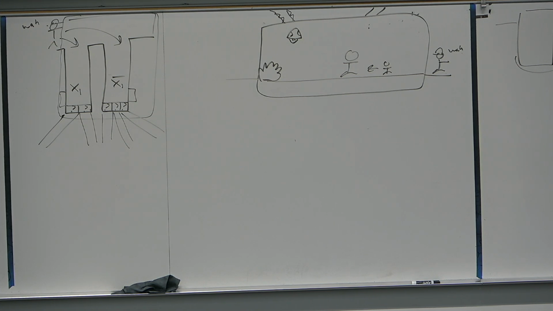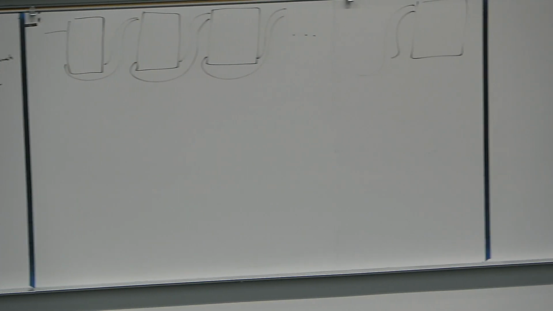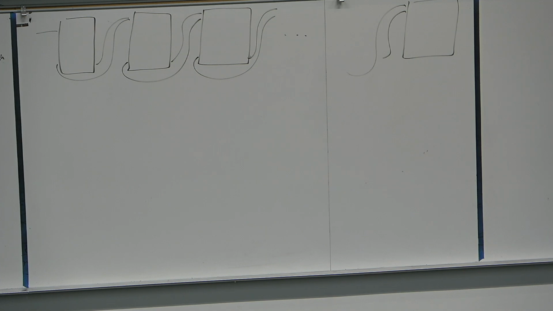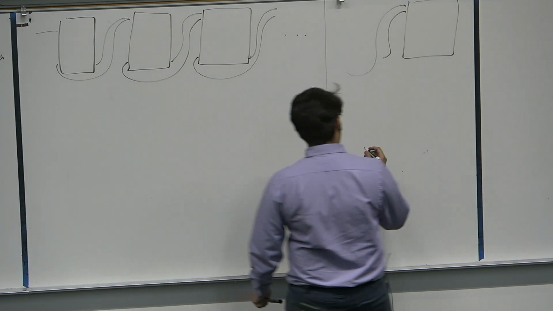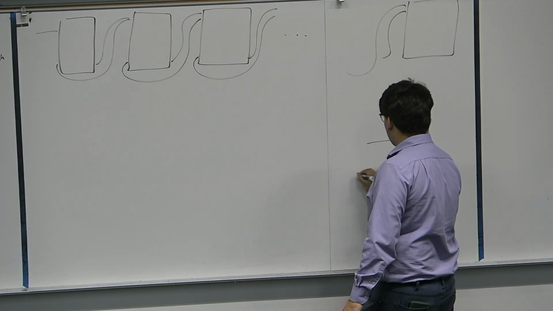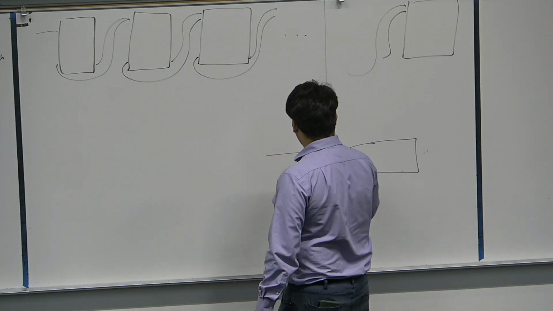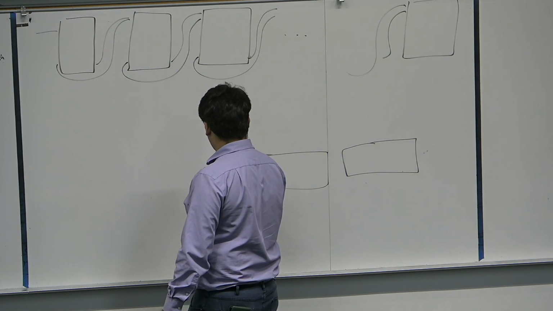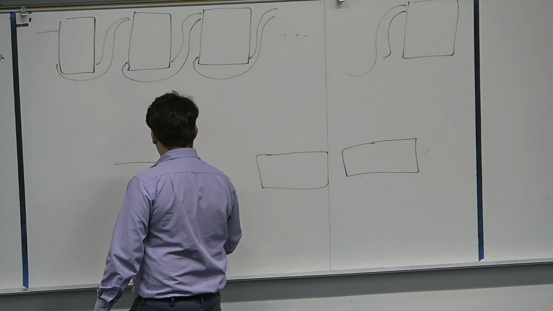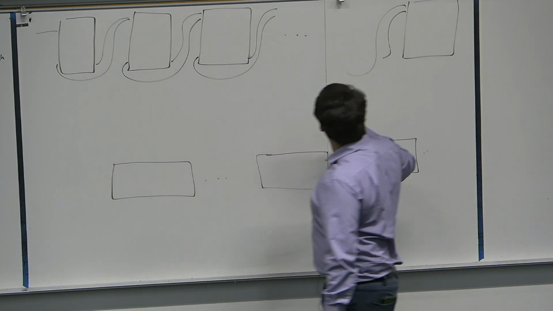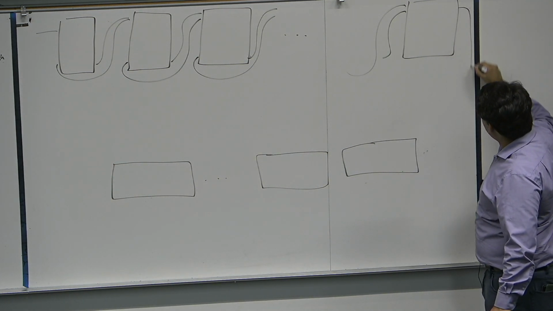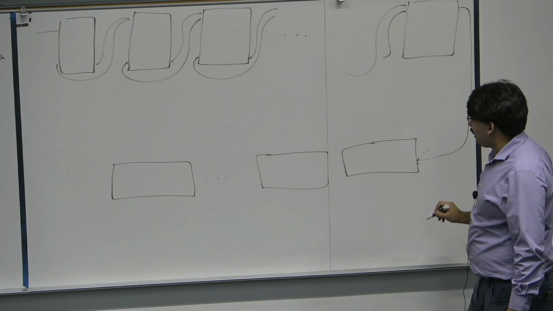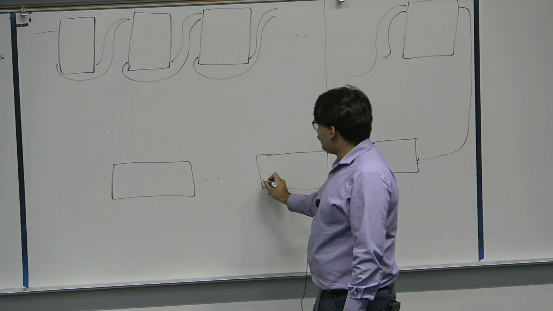So how are we going to wire these up? We're going to make for each clause such a gadget. And then after he chooses assignments to the variables, he gets to walk down this path and enter the first clause gadget, the second clause gadget, and so on.